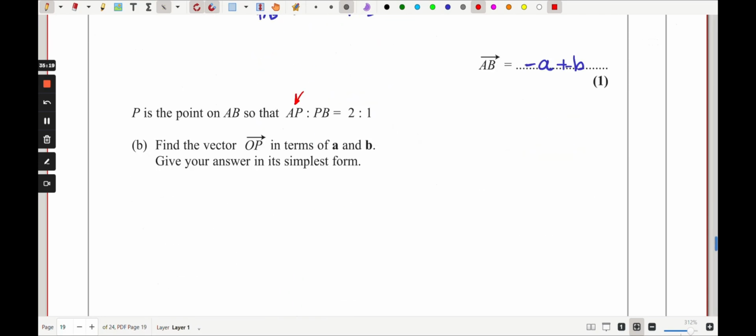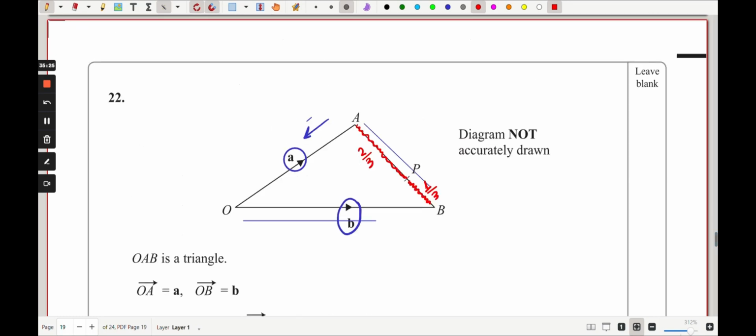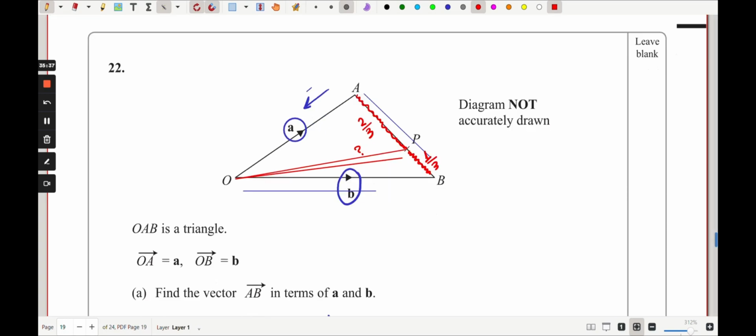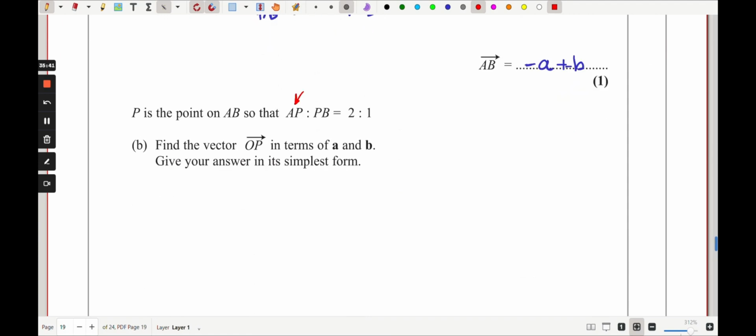Now find the vector OP in terms of A and B. So this vector OP, we need to find this vector here. So OP in terms of A and B, give your answer in its simplest form.